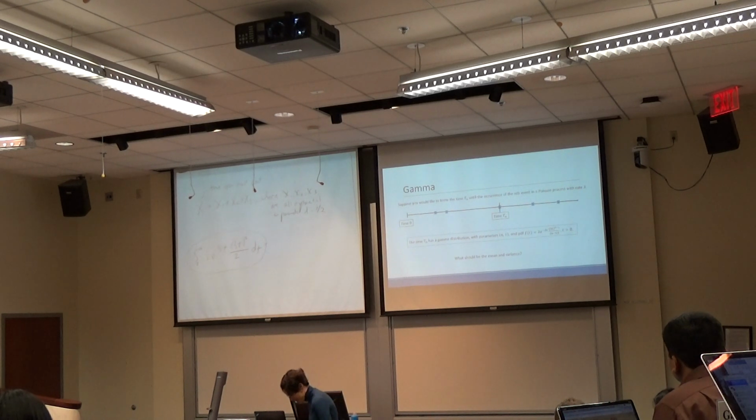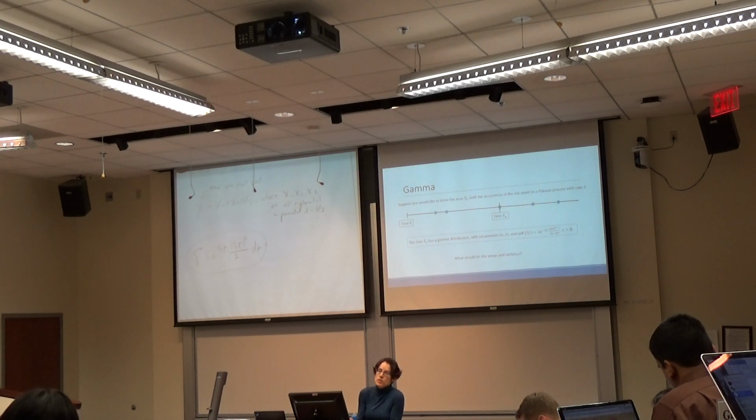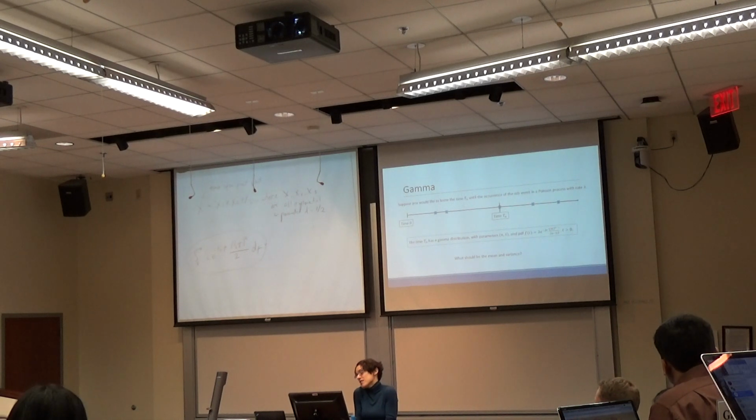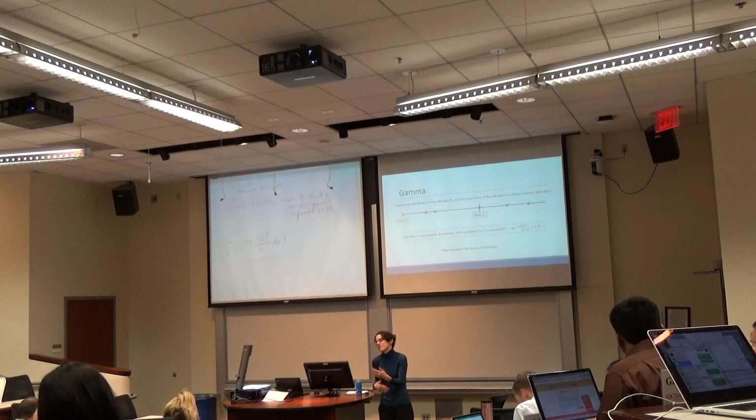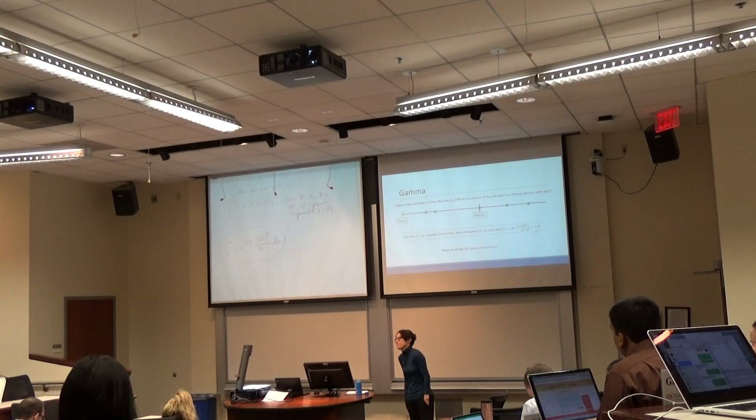But I do agree that the limitation of the method is that you can only do it for one parameter. Anytime I do the simulation, I'm specifying lambda, I'm specifying n. So I can't ask a question like, suppose the arrival rate changes a little bit, what does that mean for how much capacity I have to have? Or at least it's a little bit harder for me to answer.